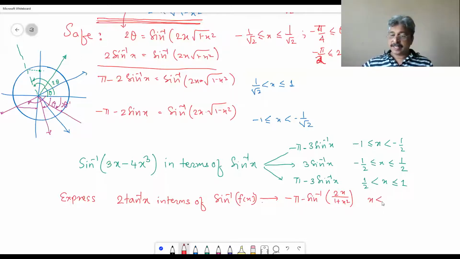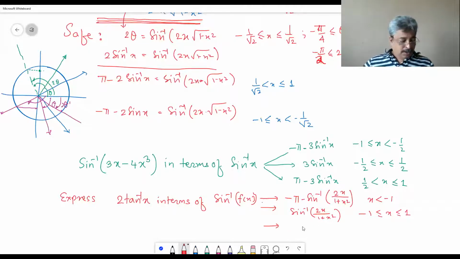Second answer is sine inverse 2x upon 1 plus x square, the safe case, and in the safe case we must have x between minus 1 and 1, inclusive. And the third answer is pi minus sine inverse 2x upon 1 plus x square if x is greater than 1. Right?